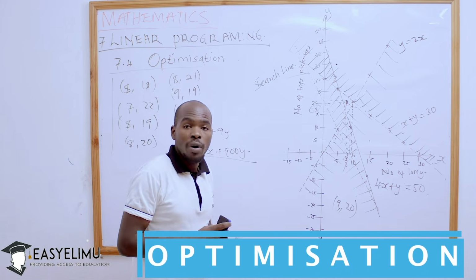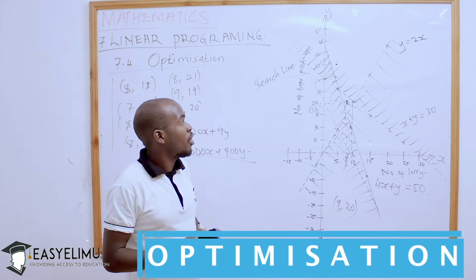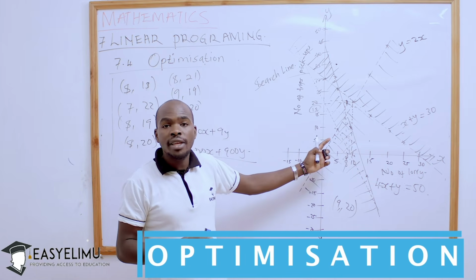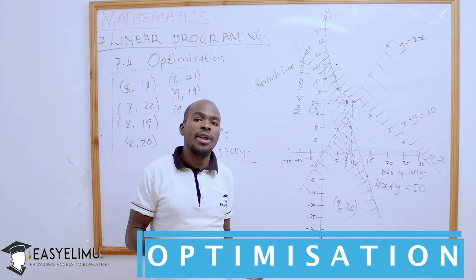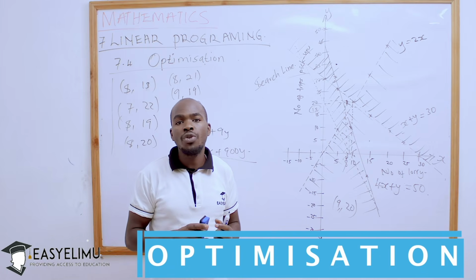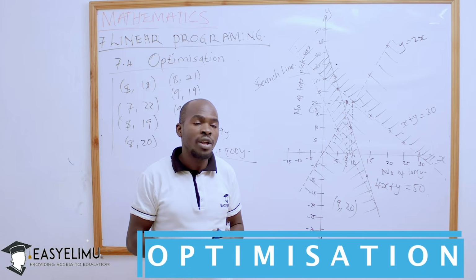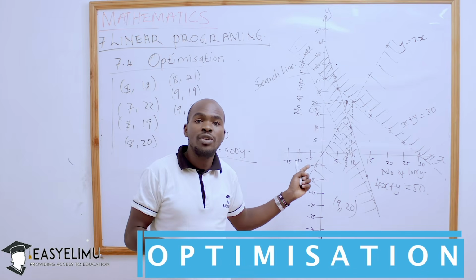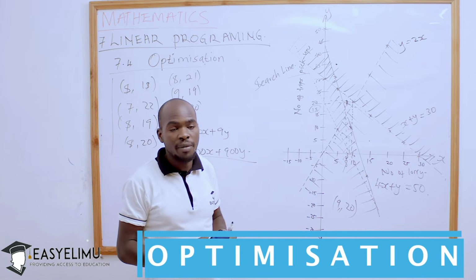So with that, we can come to the conclusion of that optimization and say that the process of finding a maximum value or a minimum value is what we refer to as optimization. And the whole process of what we have just done here is what we refer to as linear programming.